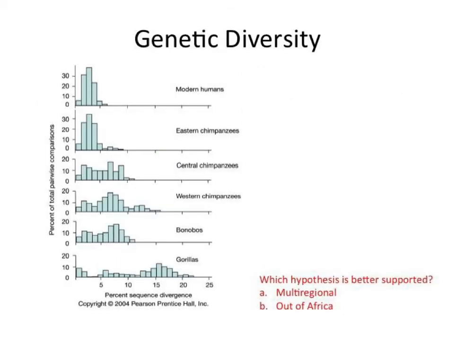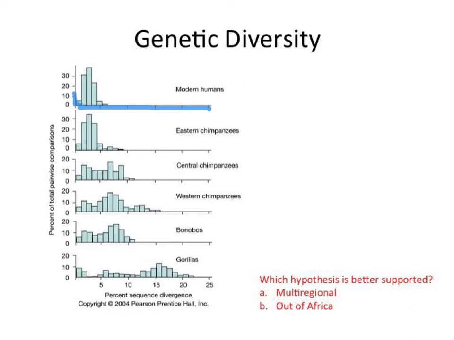This chart shows us the overall genetic difference that exists within each species, and in the case of chimpanzees, their subspecies. To figure this out, scientists compared a whole bunch of gene sequences between organisms of the same species. Now here the x-axis shows how different each gene was in percent.